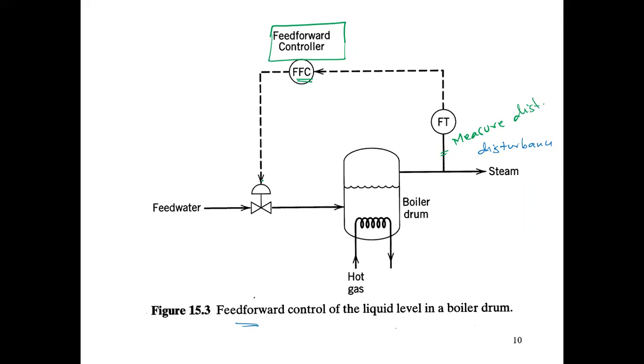Feed forward control is manipulating the feed water. अच्छा, this is only the case with the feed forward control alone. There is no feedback here. Only the feed forward control. Okay, ठीक है, ये category समझ में आ गई.